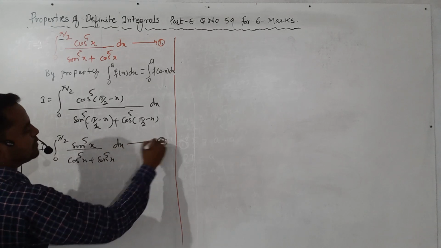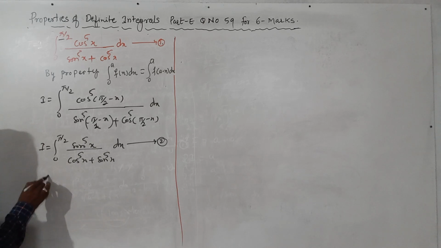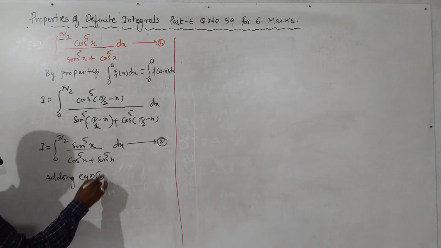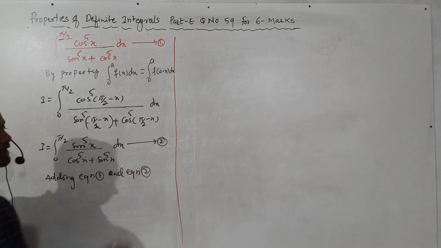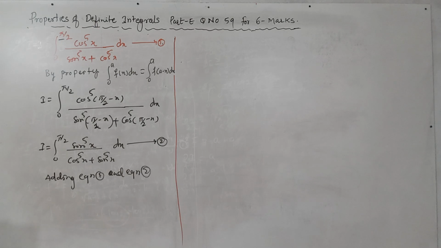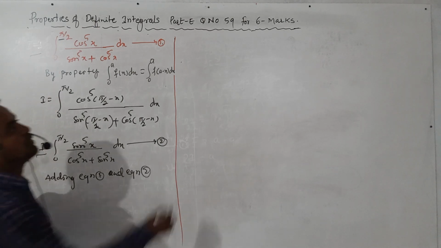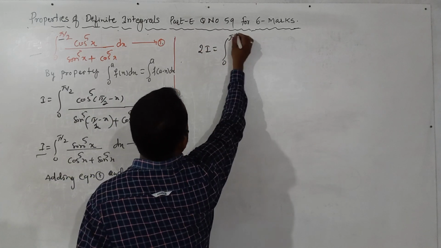This is equation 2. Adding equation 1 and equation 2. On the left hand side, I plus I is 2I. Then 2I is equal to, denominator is the same, 0 to pi by 2.